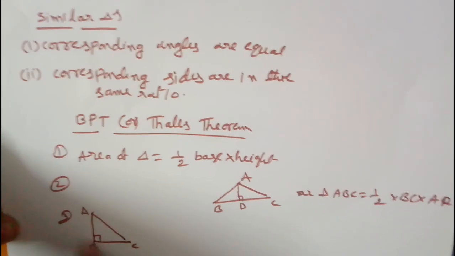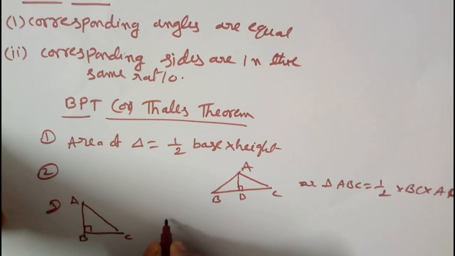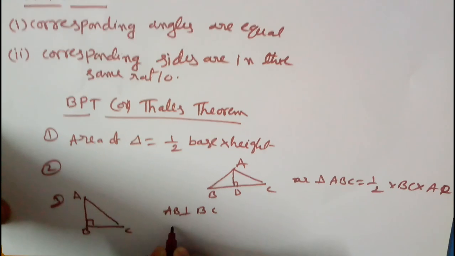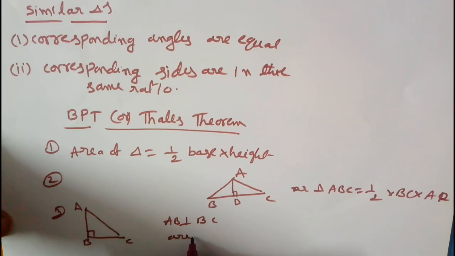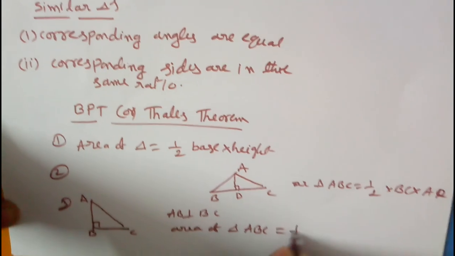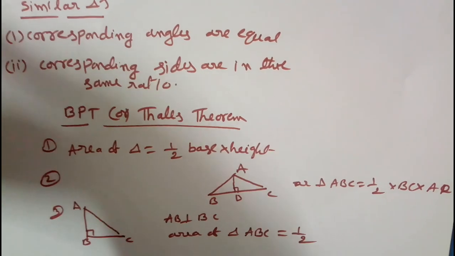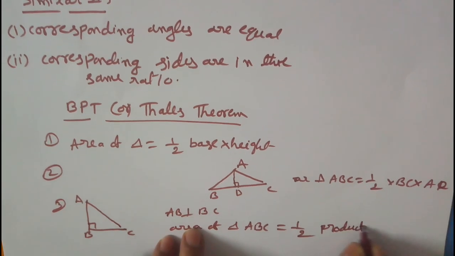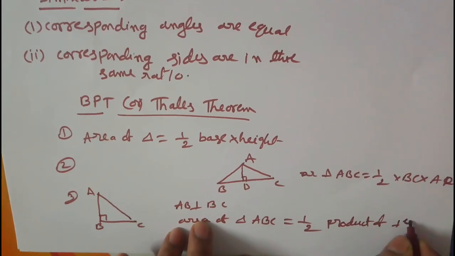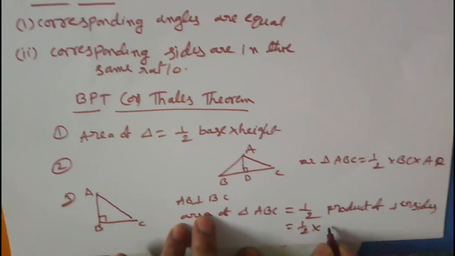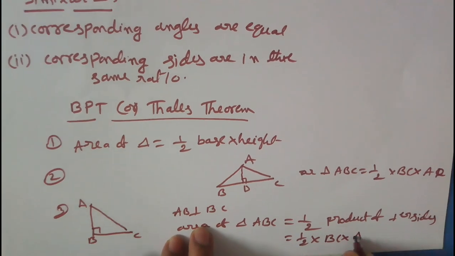Both are perpendicular to each other. AB and BC are perpendicular to each other, AB perpendicular to BC. So area of triangle ABC is equal to half into product of perpendicular sides. So that is half into BC into AB.